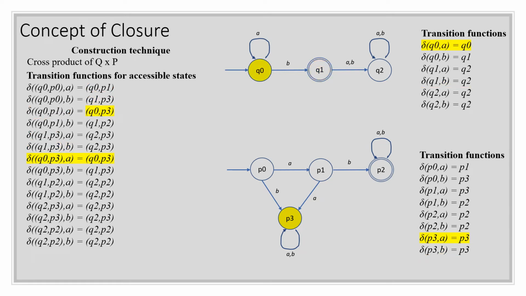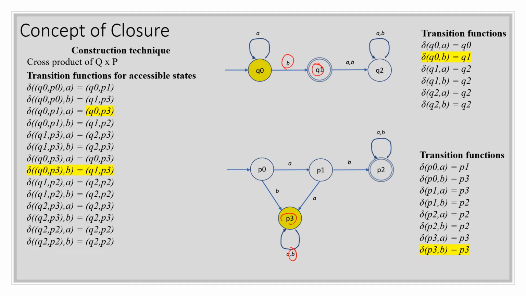Q0, P3: Q0 with an A goes back to Q0. P3 with an A goes back to P3. Then we do it with a B. Q0, P3 with a B goes to Q1, P3. Q0 with a B goes to Q1. P3 with a B stays in P3.